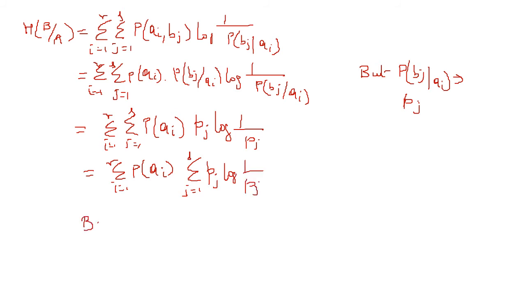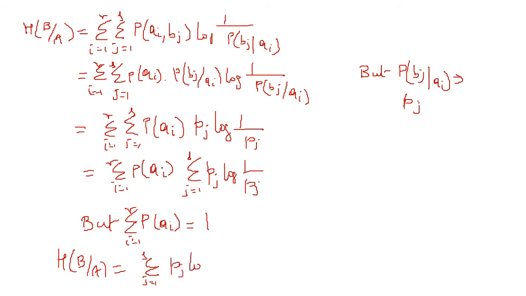But this summation of p(ai) is nothing but the summation of input probability values, which is equal to 1. Therefore, we can write H(B/A) is equal to summation j varying from 1 to s, pj into log of 1 by pj. So we can take this value as H, which is a constant value for all the elements, as pj is the same element which is going to repeat in the subsequent rows but in different order.